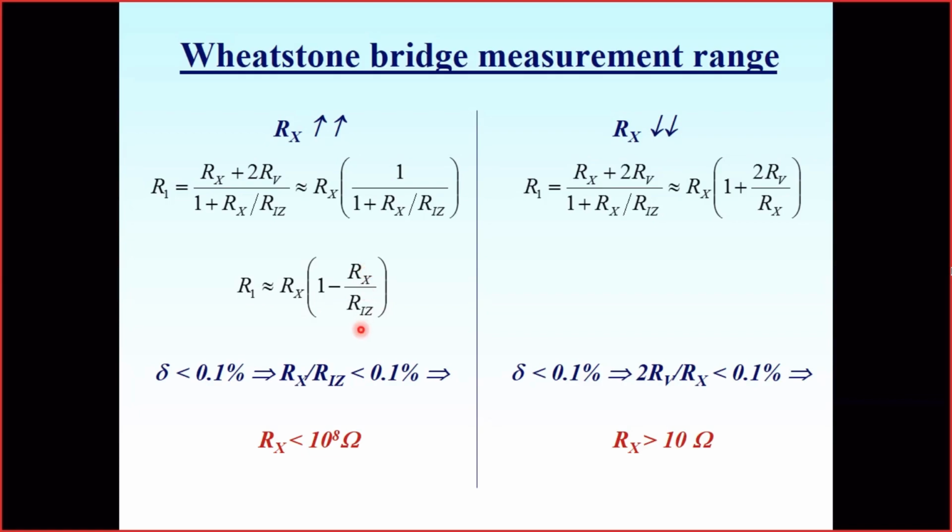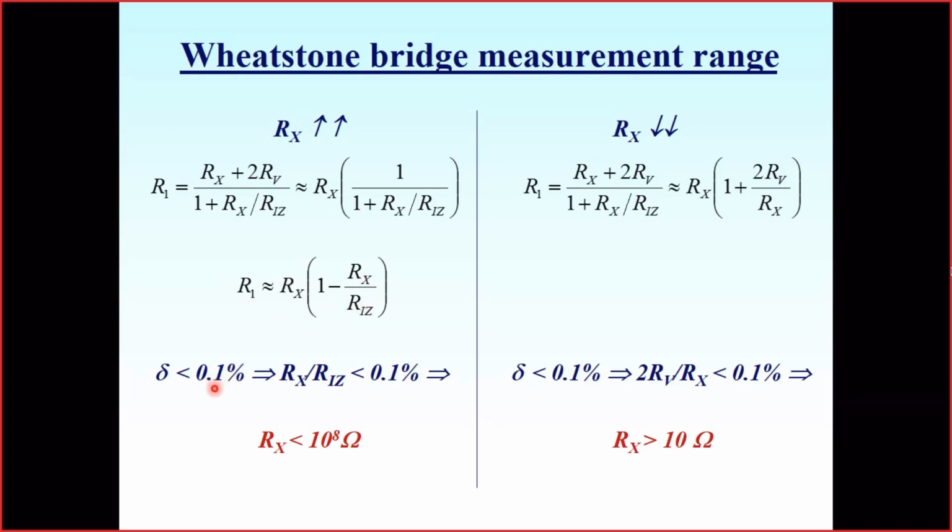If I set a goal to have the difference between the measured R1 and the actual value of Rx be less than 0.1%, what I have to require is that the ratio Rx divided by R isolation will be not more than 1/1000th.